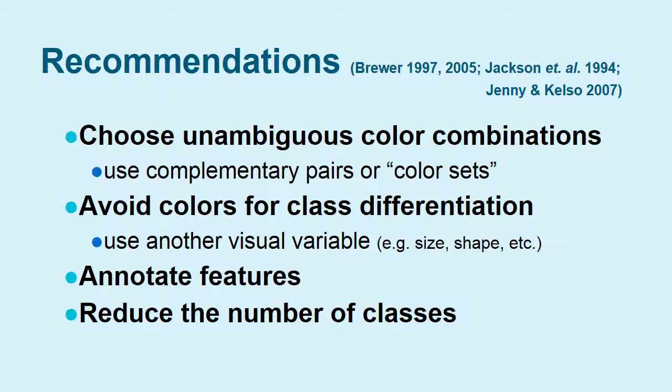And there's nothing to say that you can't annotate features to show that class differentiation. And then lastly, reduce the number of classes. Depending on your interpretation of the data, the fewer classes you have, the easier it is going to be to assign distinct colors and distinct color variation between those classes.